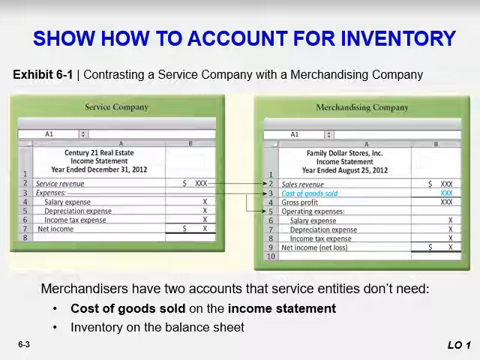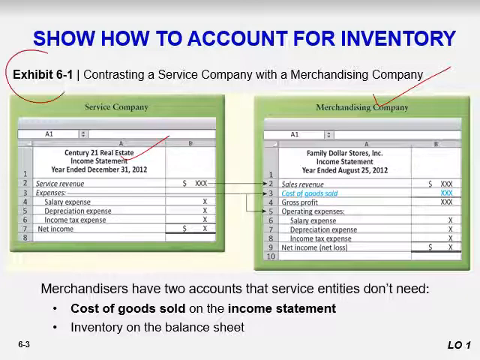Okay, we begin by showing how the financial statements of merchandisers such as Family Dollar Stores Incorporation or the Gap Incorporation differ from service entities such as FedEx, or in our case here Century 21 Real Estate.